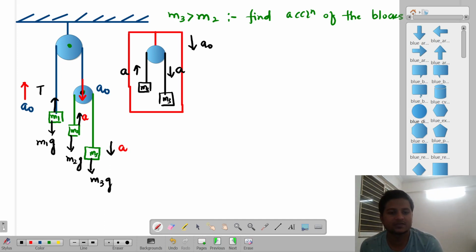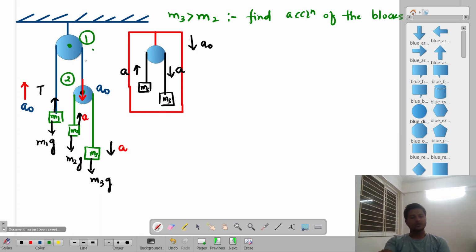Can I visualize it this way or not? Yes. So I'll write the equation for this lift case first, then I'll go to the first pulley part. Consider this to be the second pulley part and that to be the first pulley part. Are you able to get me or not?